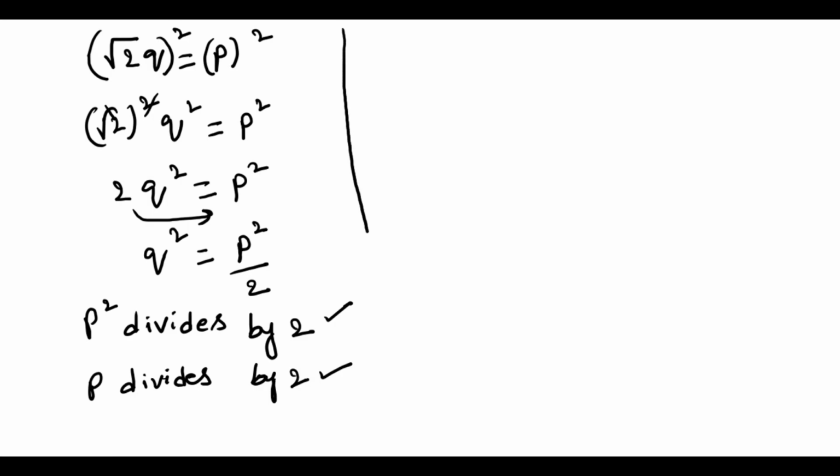Now what I am going to do is take a line. Okay, now I am going to let p equal to a number like a multiple of 2, right? Because p is a multiple of 2, that multiple of 2 I am going to take like 2a. Got it?